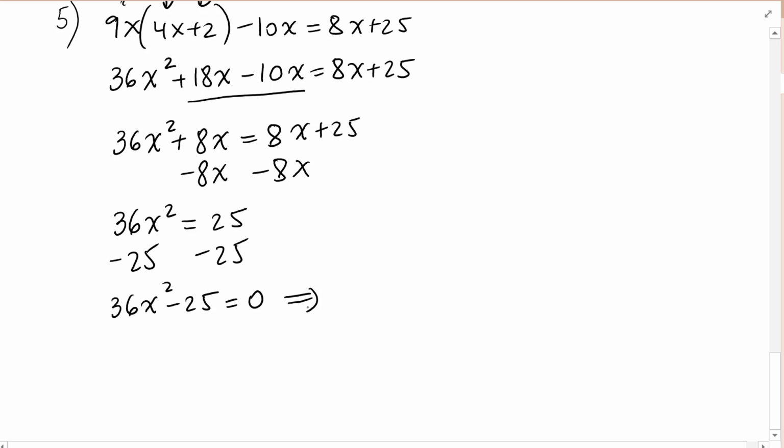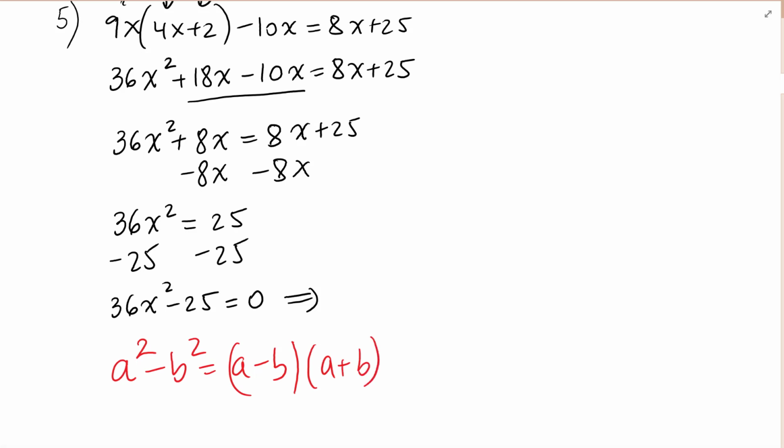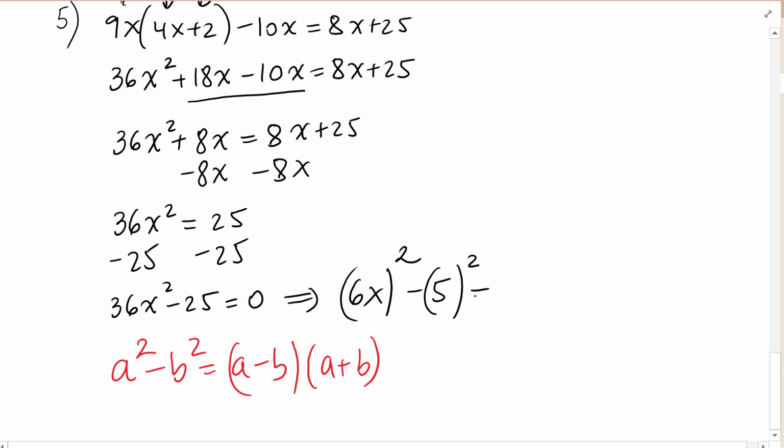using sum and product, but I also noticed that this looks really similar to a squared minus b squared, which is a minus b times a plus b. So we notice that we actually have 6x everything squared minus 5 everything squared equals 0.